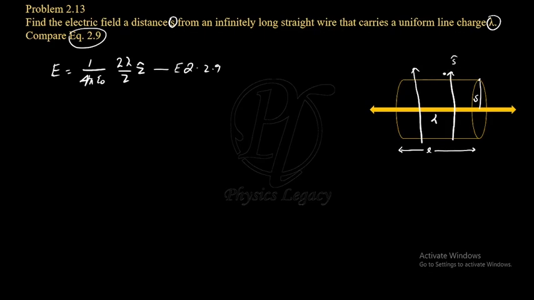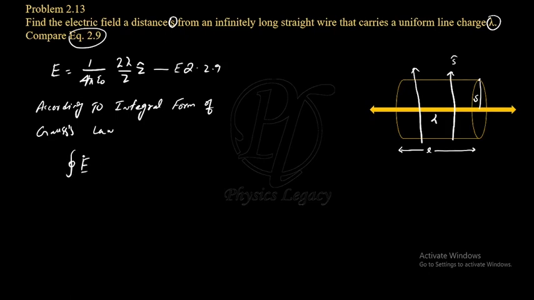So to calculate this E field, we use the integral form of Gauss's law, that is the closed integral of E dot dA is equal to Q enclosed over epsilon naught.